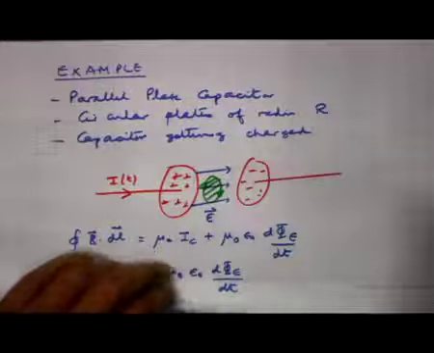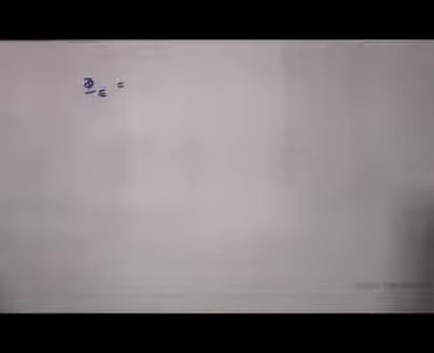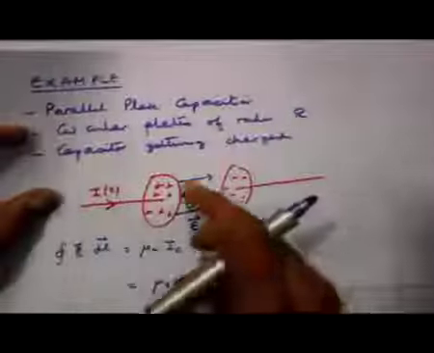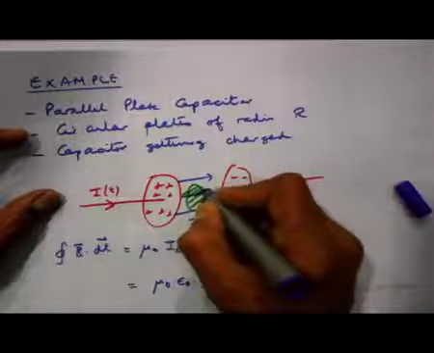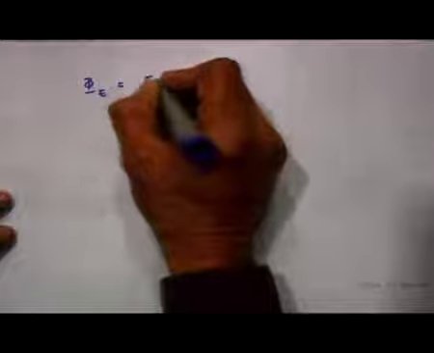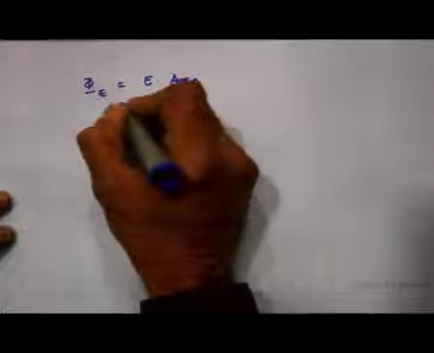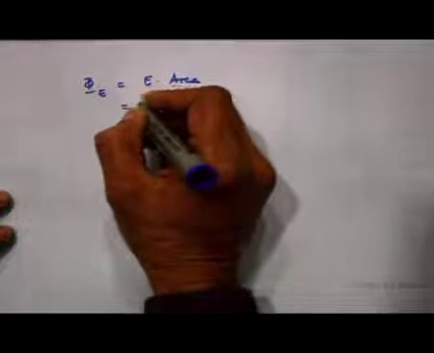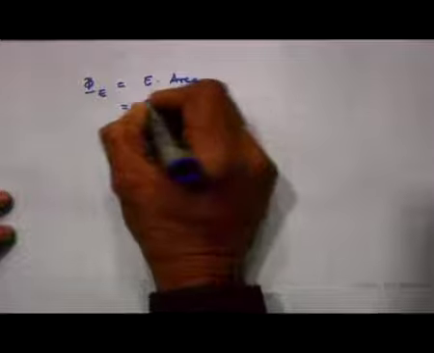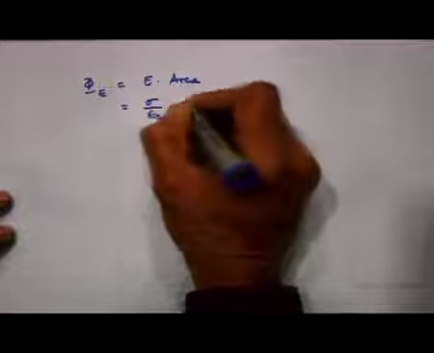So, let me use this argument to calculate the magnetic field. First thing is, what is the electric flux? Phi E is equal to the electric field into this area. Let me take an area of radius r. So, electric field into area, which is equal to sigma by epsilon 0 into pi r square.